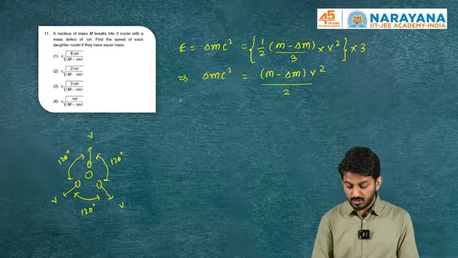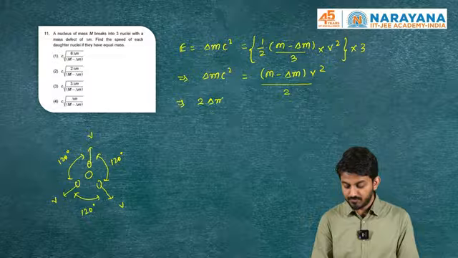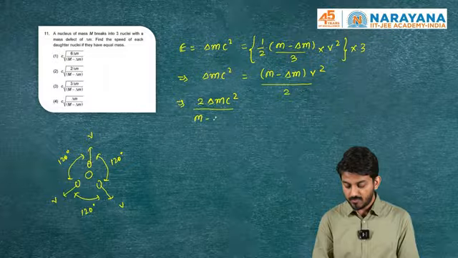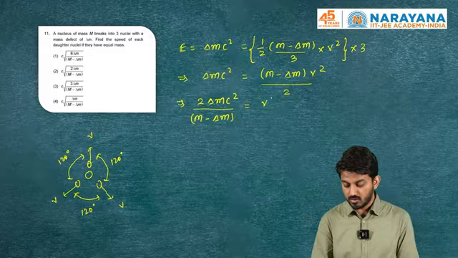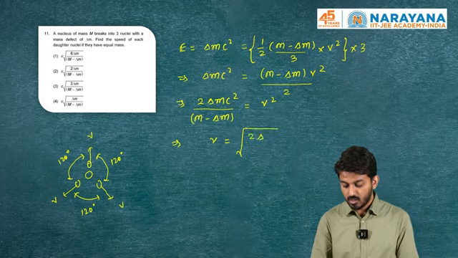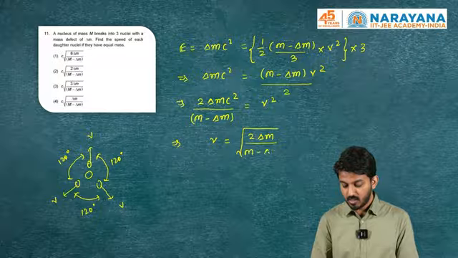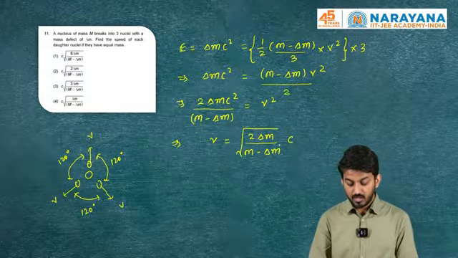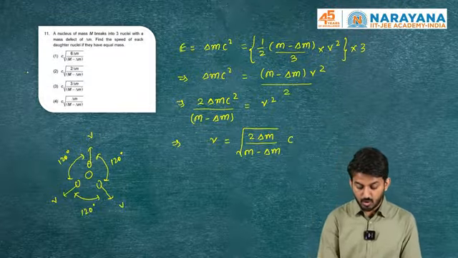So the speed of each: 2 delta m c square divided by capital M minus delta m is equal to v square, giving us eventually v is equal to root over 2 delta m divided by M minus delta m, times c. So the correct answer here comes out to be option 2.